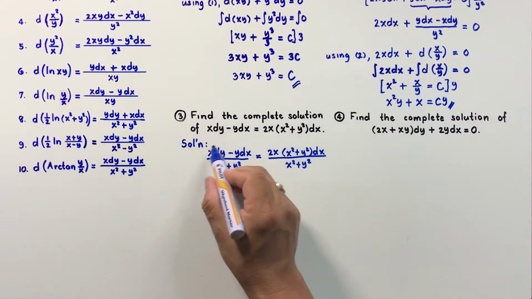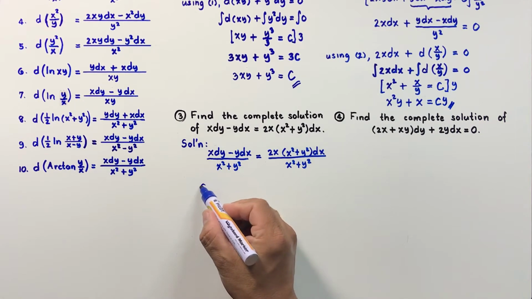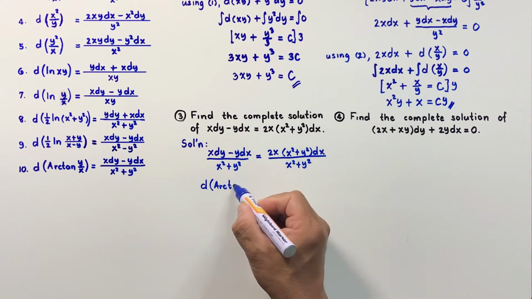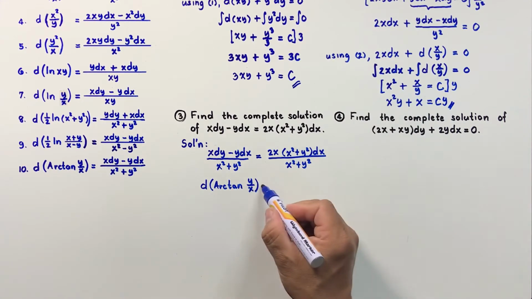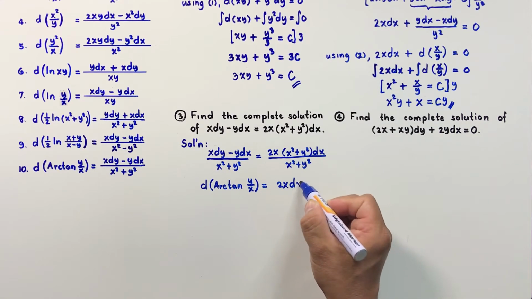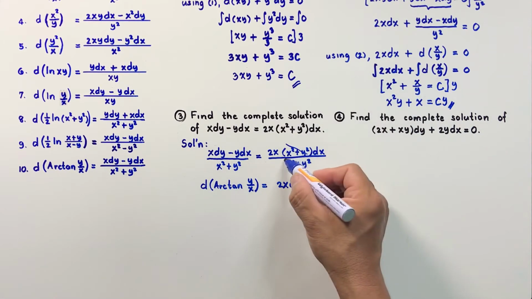So instead of writing this one, we will replace it by its equivalent differential, which is the differential of the arc tangent of y over x, and this is equal to 2x dx here, because this binomial and this binomial cancel each other.